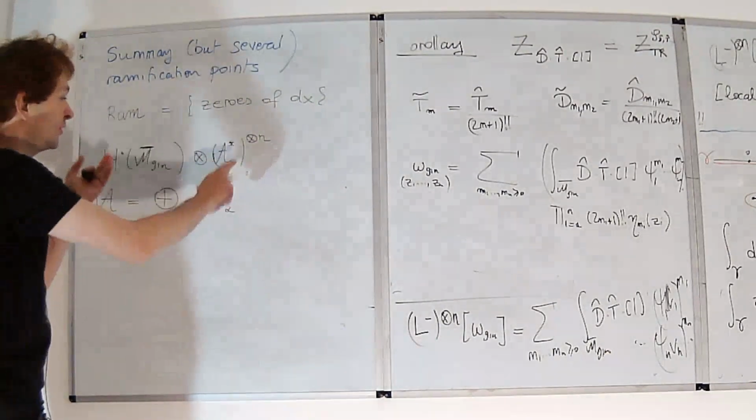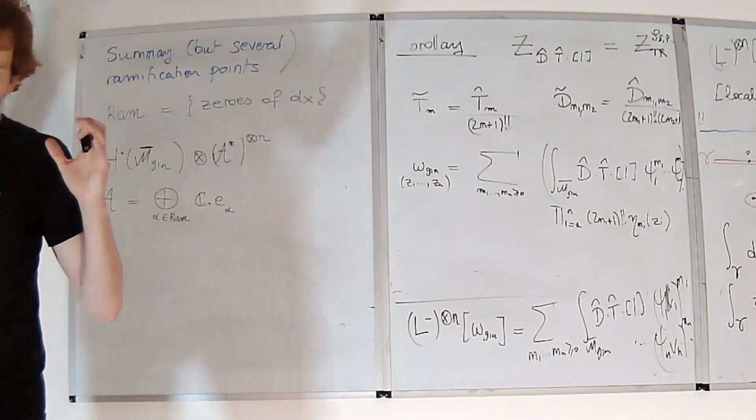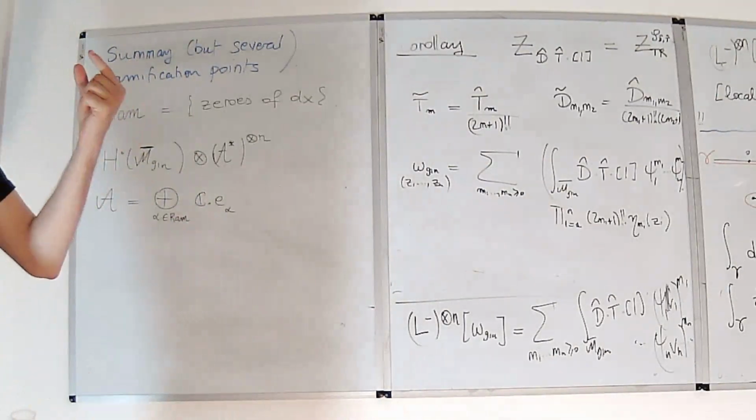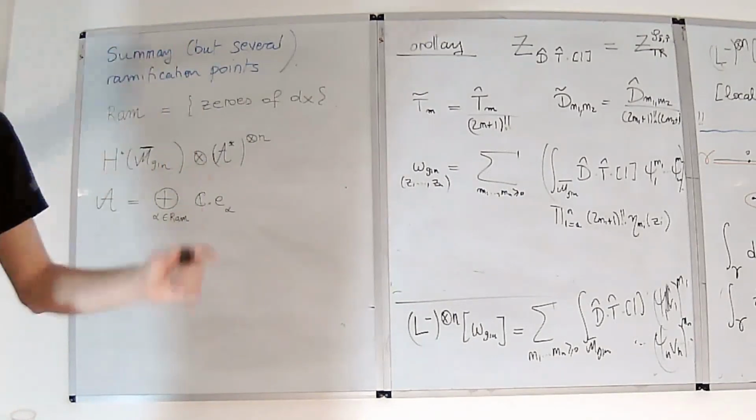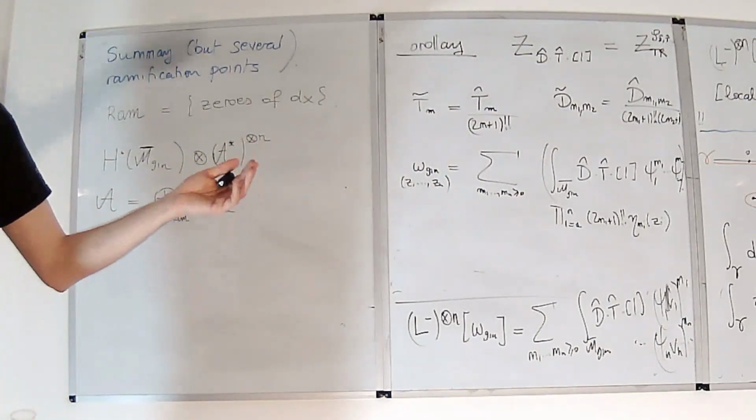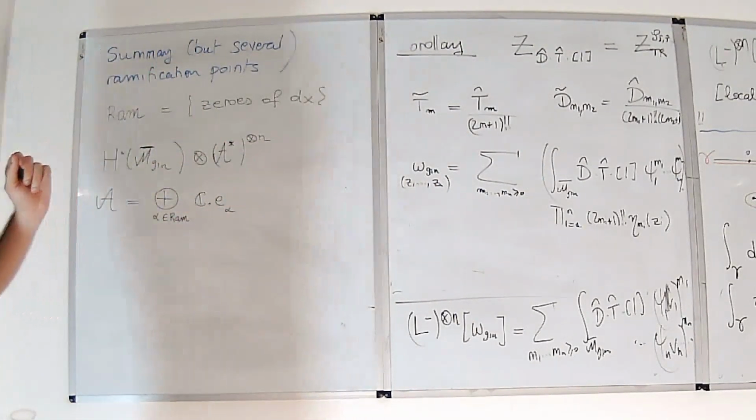So it means you don't just want to consider cohomology classes, but you want to say I insert vectors at the marked points. So they're decorated by some vectors in A, so by some ramification point. And then you have a cohomology class.